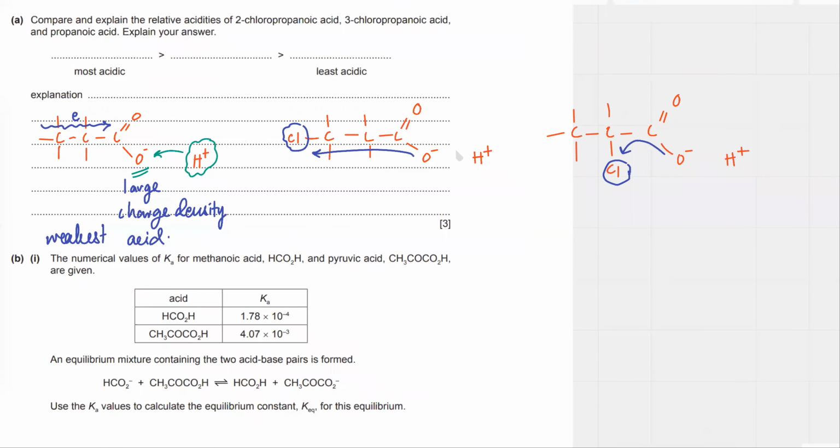Okay, the last one is going to be the stronger acid because Cl is closer to this CO minus 1 group. I mean, it's on the second carbon atom, so it's much closer. So the electron withdrawing effect is going to be larger. Is this clear?